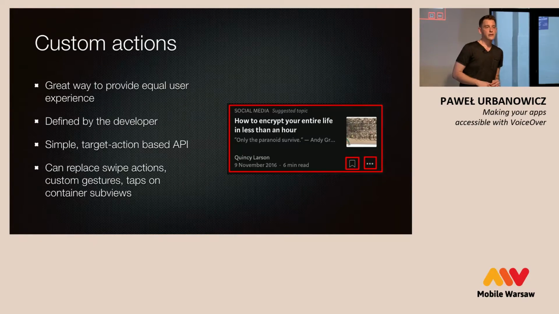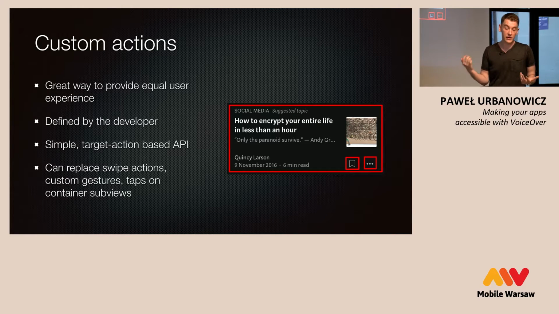So there are also custom actions. Like I told you previously in the example, we had this case where we are covering this area, and probably these two buttons would not be accessible anymore, because we want to provide this easy navigation and jump between certain cells with one flick, but we still want to preserve the action of these buttons. So in this case, we still want to be able to add this article to our bookmarks or do whatever it is behind this three-dot control.